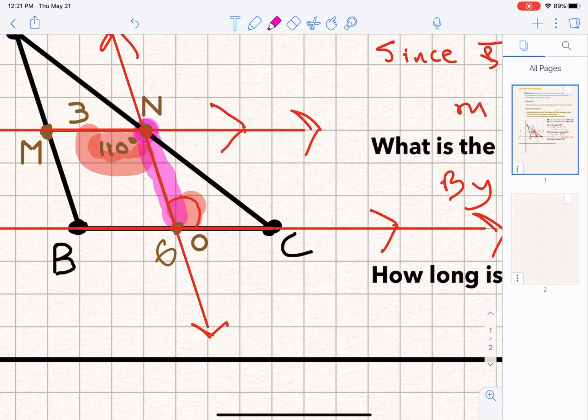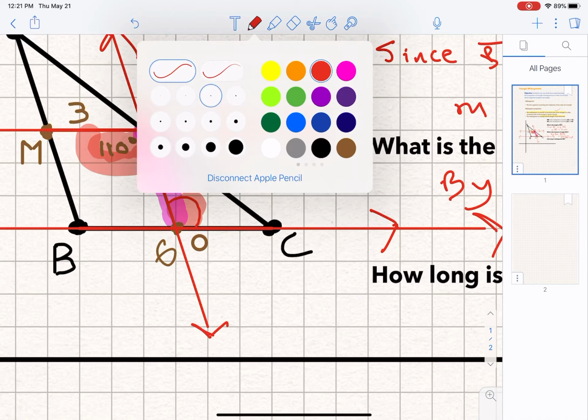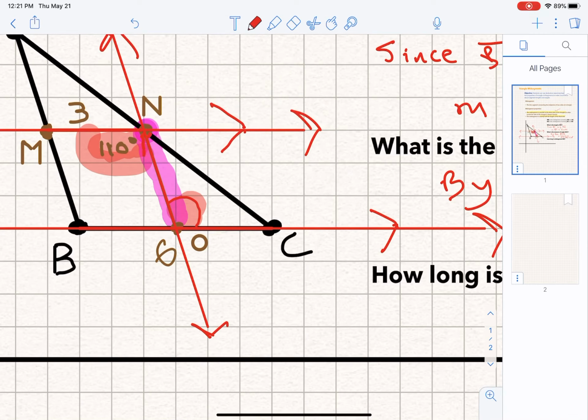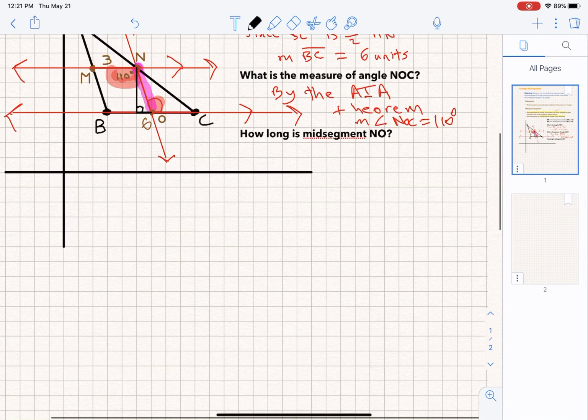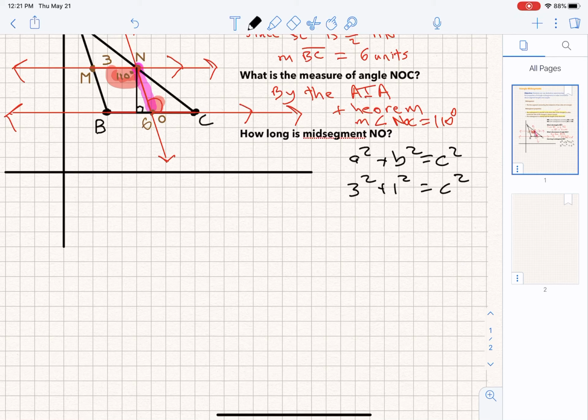I'll use black here. If we drop a right triangle going down here and across here, this is a right angle, and we would say a squared plus b squared equals c squared, and that's 3 squared plus 1 squared equals c squared. 9 plus 1 equals c squared.